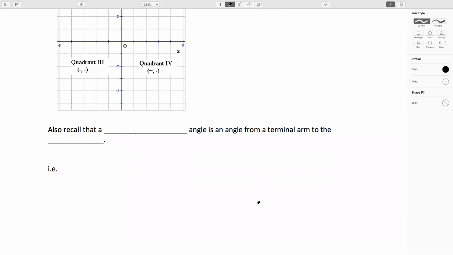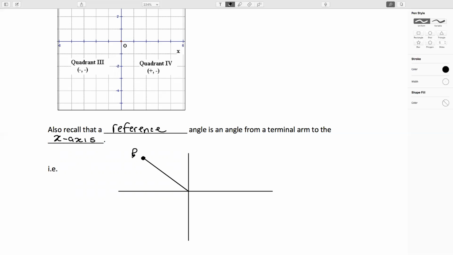Also recall that a reference angle is an angle from the terminal arm to the x-axis. So for example, let's draw an angle. If this is our grid, let's say that we have a ray that comes out over here somewhere, and it goes to this point P. We can measure our angle in 2 ways.